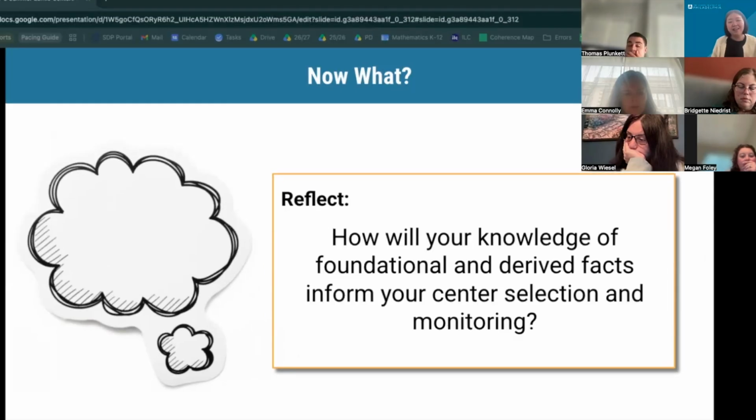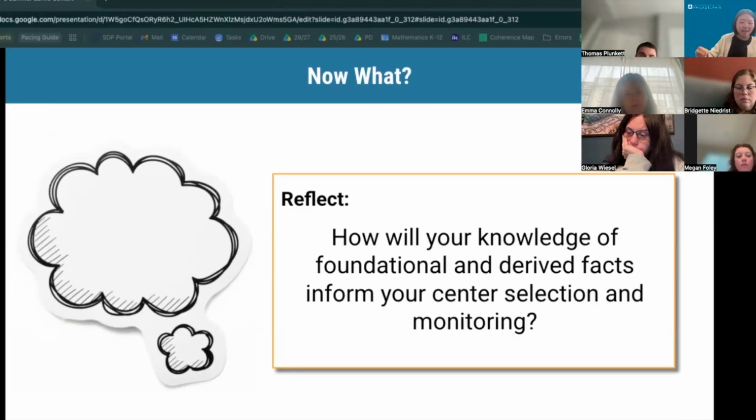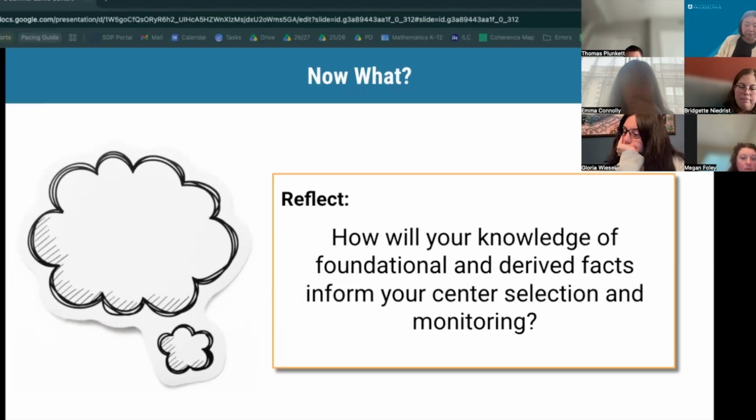However, one aspect that IL centers have that Lumio doesn't have is that those digital centers won't allow students to move on if they picked an incorrect answer. So let's say for 5 times 4, they picked 15. IL won't allow students to go on to the next page. So the one thing that's really great about IL's digital centers is that it's self-correcting.